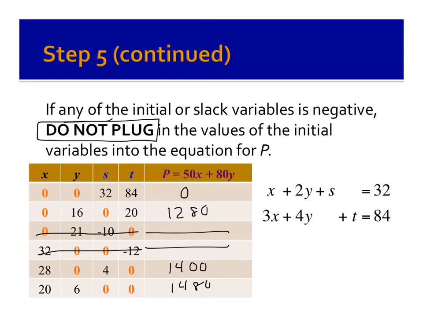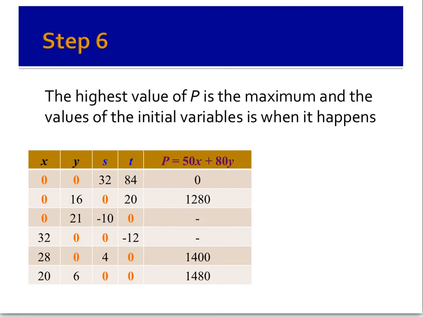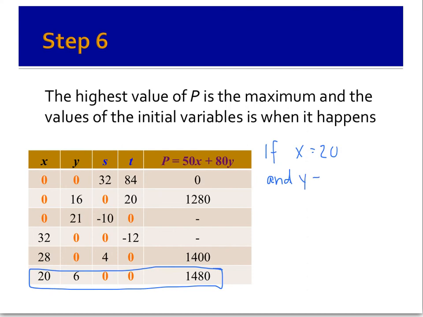All right. And finally, if we actually want to solve this problem, the highest value of p, which in this case is 1480, that would be your solution. And so your solution comes from this bottom row. And so the way you read this is you say if x is 20 and y is 6, we maximize the profit.